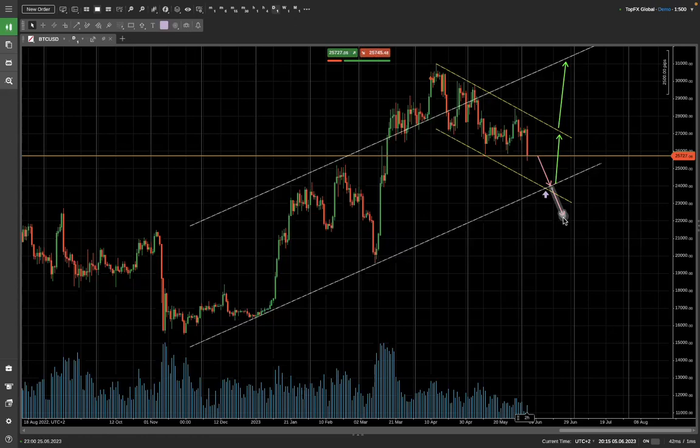Okay, the equidistant channel can be used as an ascending, descending, or even horizontal channel. The ascending channel is drawn when the price is trending up.